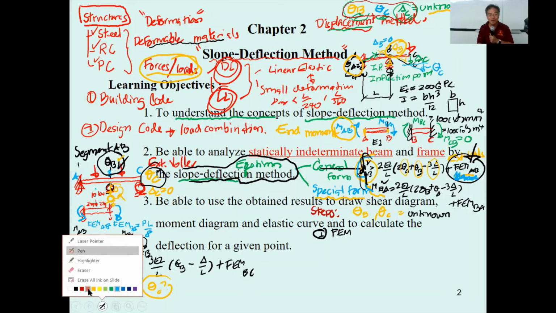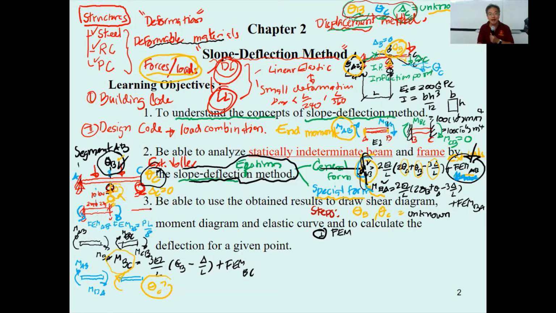And also for this one, you may find another one. Let's say you have the same load over here, and that means you're going to have fixed end moments on these two. This is going to be CB, and this is going to be fixed end moment BC. Okay, and they all are going to be equal. That means you're going to determine the fixed end moment.